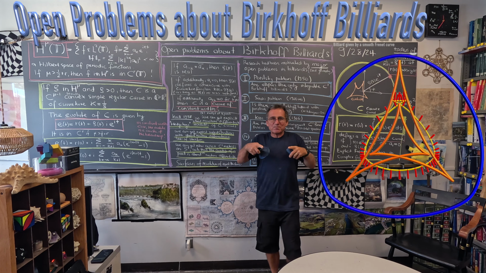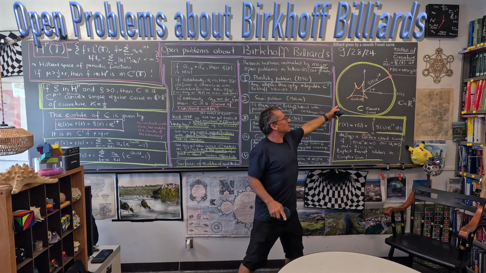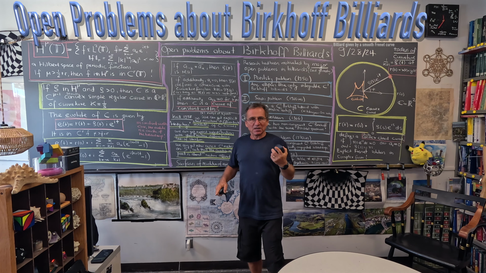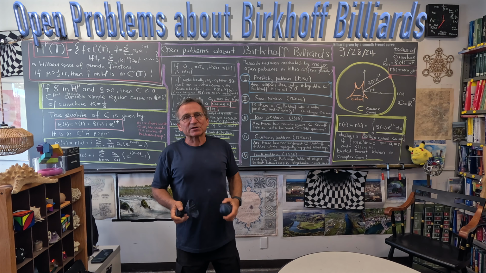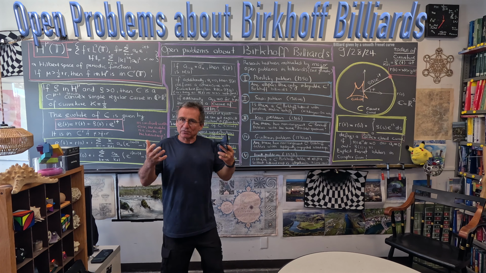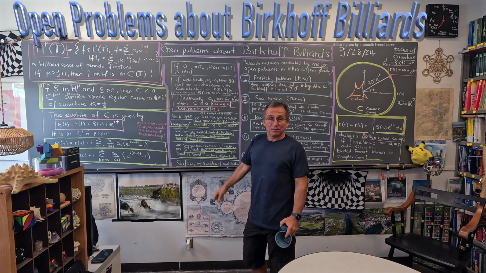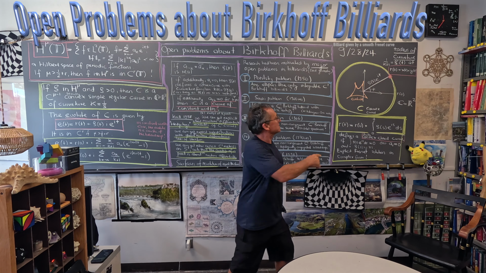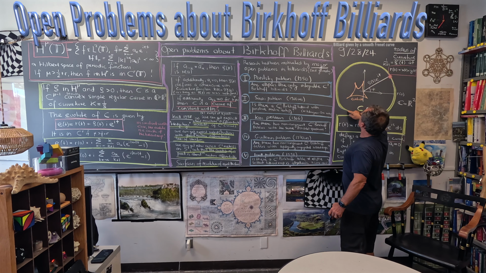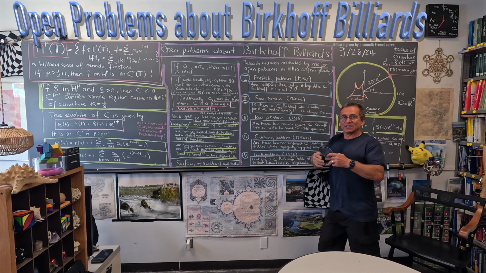You look where it is focusing, and that is called the caustic or evolute. And in the billiard case, when you have a curve of constant width, when you start perpendicularly, you end perpendicularly, right?